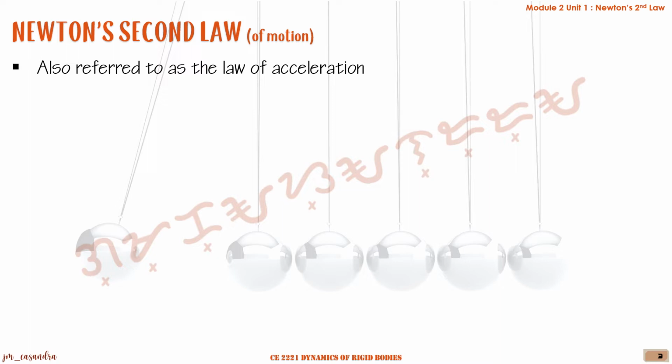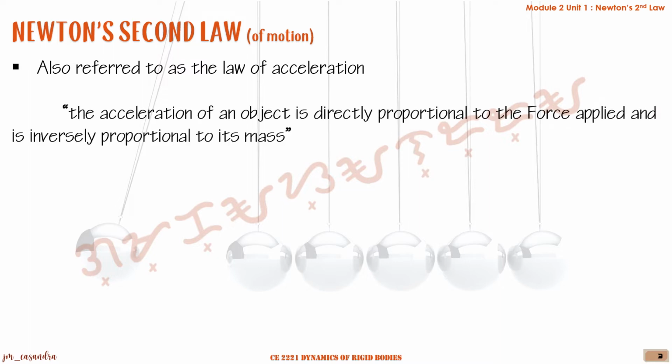And based on the factors that would affect motion, we could now define the law in terms of the relationships of our factors. So Newton's law could also be stated as the acceleration of an object being directly proportional to the force applied and inversely proportional to its mass.